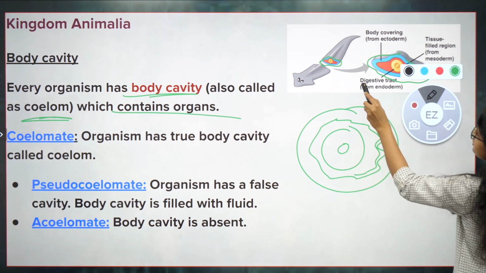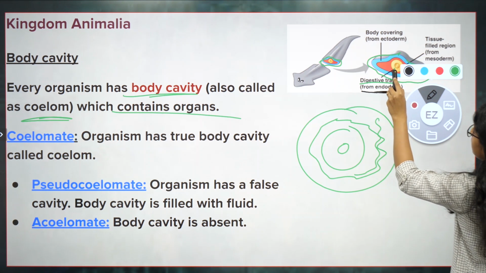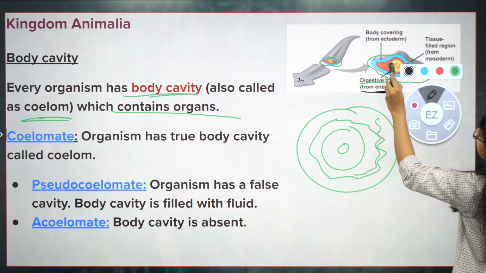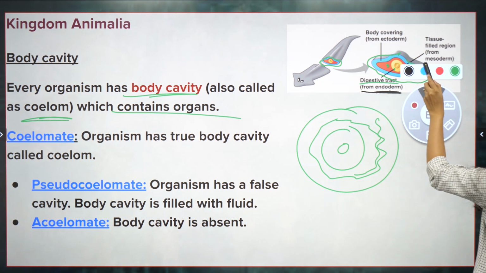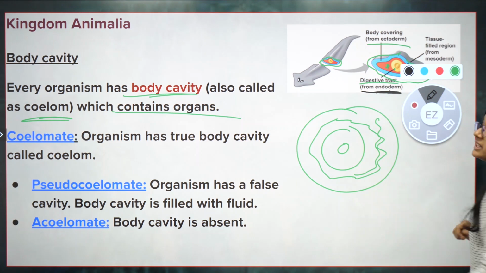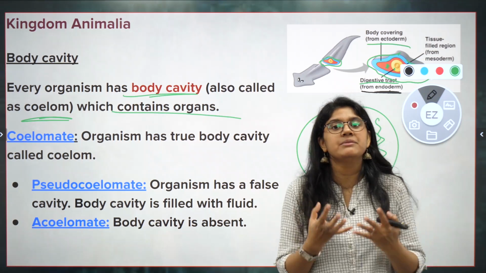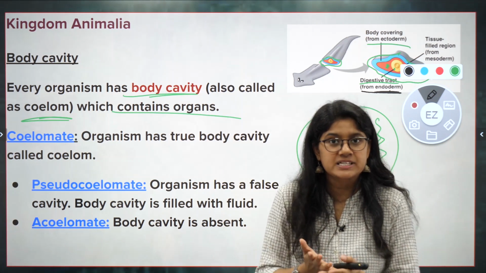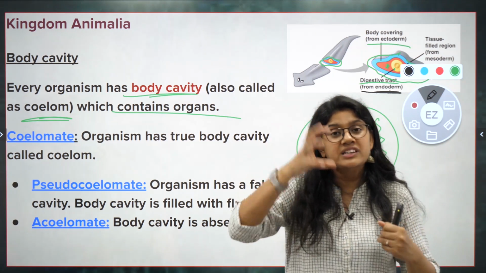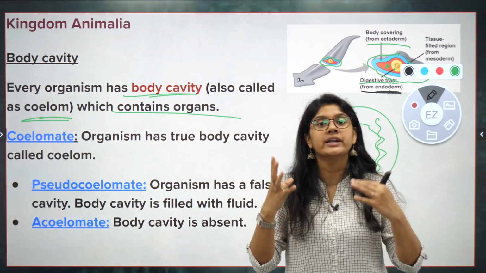See over here, the digestive tract is arising from the endoderm, that means the inner layer. The red one is tissue filled, and the grey one is the body covering. So what happens over here? Cavity means a hollow space, and in this particular hollow space, the organs will grow in.